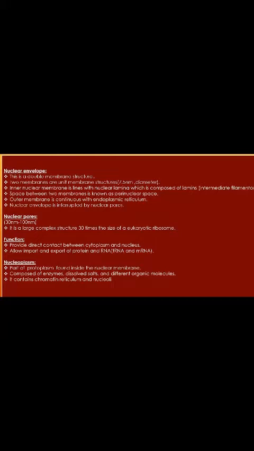Lamin is intermediate filamentous protein. We have learned the cytoskeleton structures made up of three elements: actin filament, microfilament, then microtubules, and intermediate filaments.